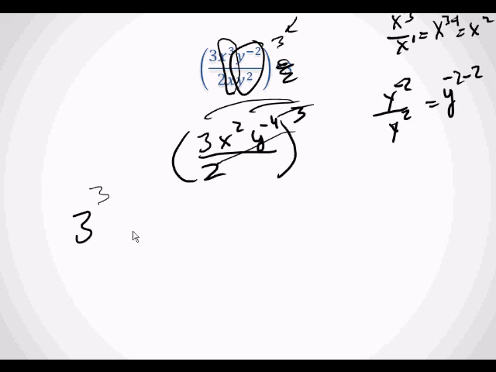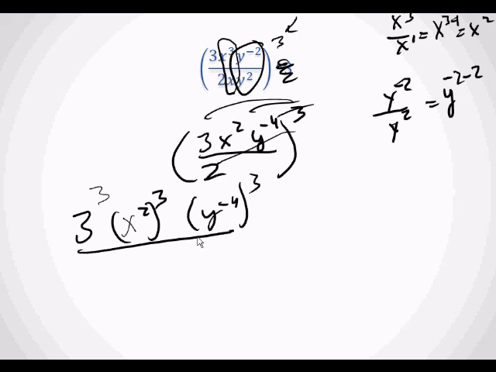Now I raise it to the third power, and I'm going to attach this power to each item in there. 3 to the third power, x squared to the third power, y to the negative 4 to the third power, and 2 to the third power.